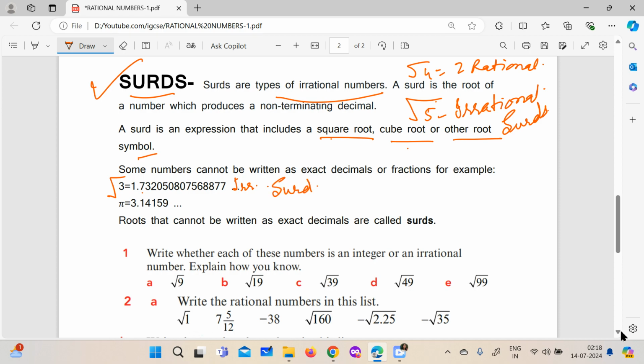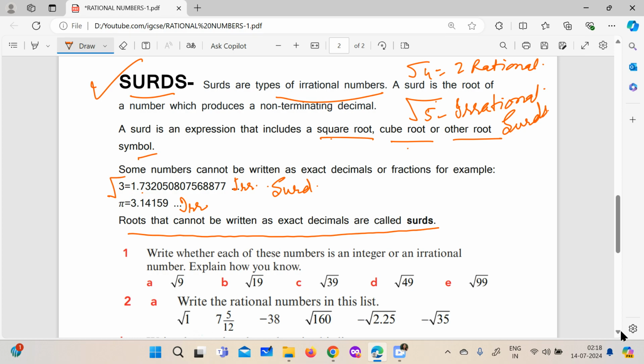I hope this is clear. And then pi. Pi is 3.14159 and it keeps on going. So pi is also an irrational number. Now roots that cannot be written as exact decimals are called surds.